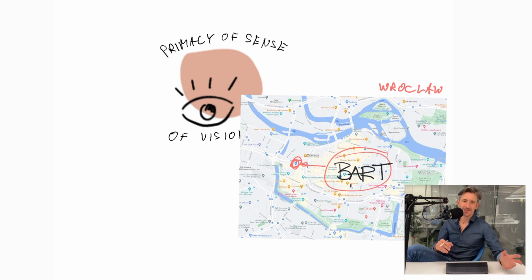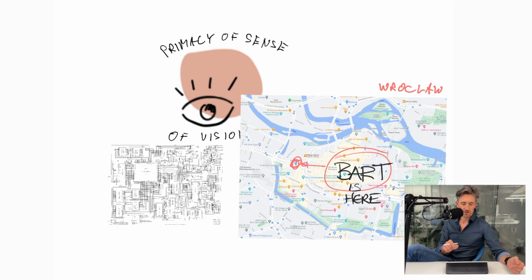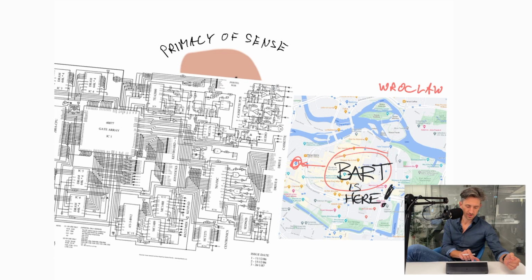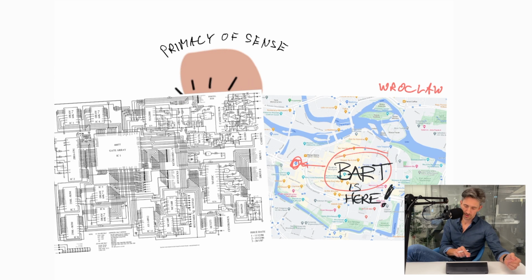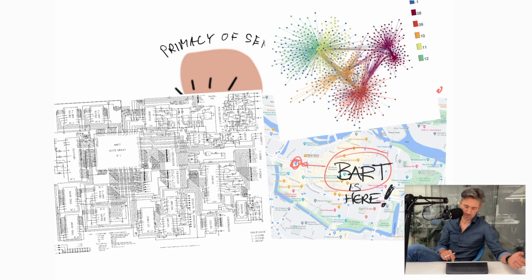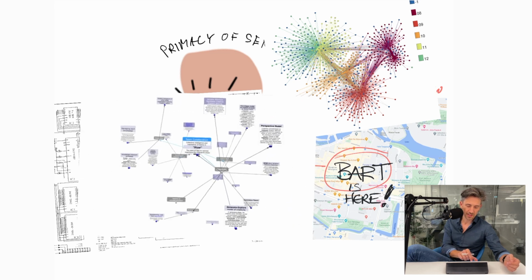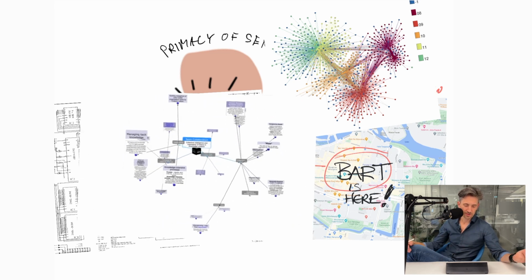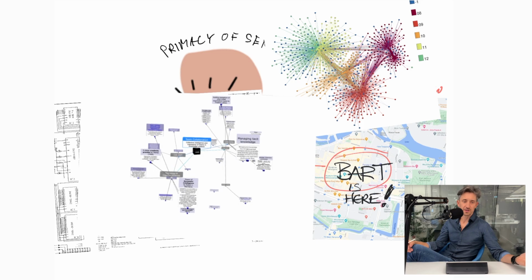But not only locations can be mapped, we now map everything from circuits, like on this example here, to social media networks, like here, to even complex ideas, like on this 3D visualization that I have right here, right?